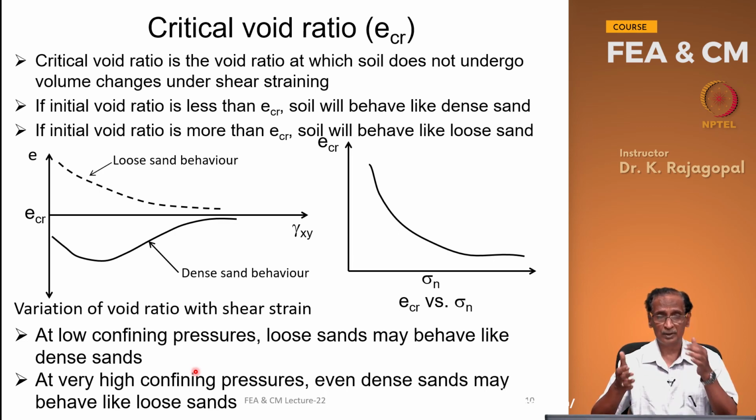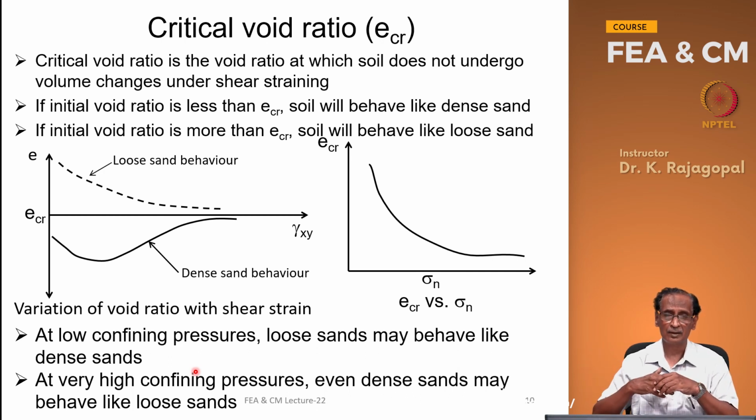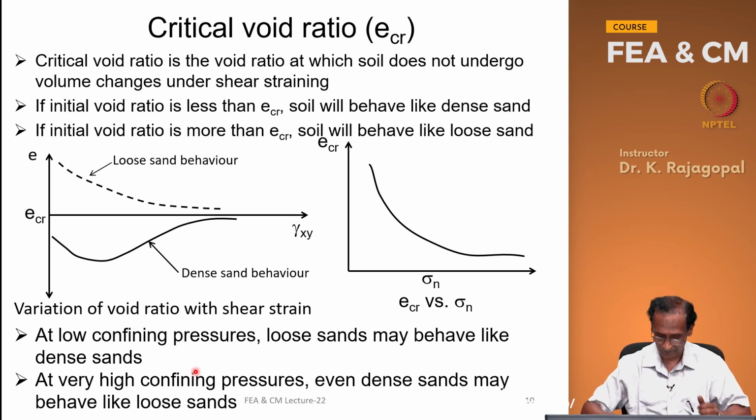So, if it is a loose sand, it is enough if you have some elastic model, because anyway it is going to undergo volumetric compression, it is not going to undergo any expansion. But if you want to simulate the dense sand behavior, you need some elastic plastic model so that we can represent the dilation, the shear induced volume expansion.